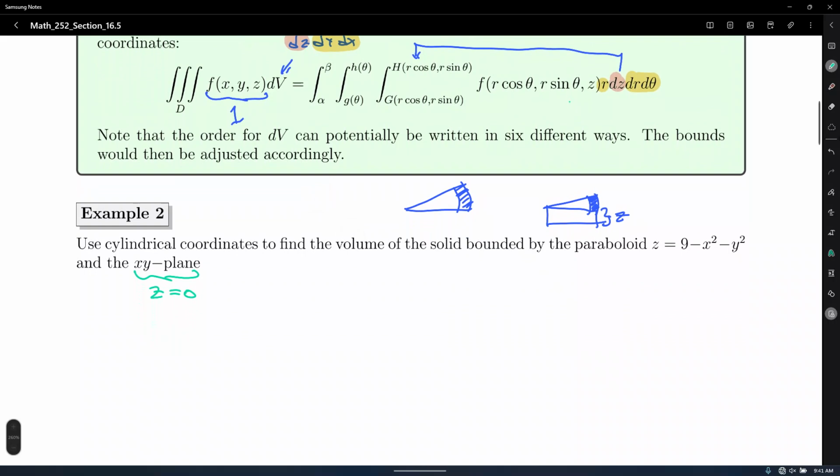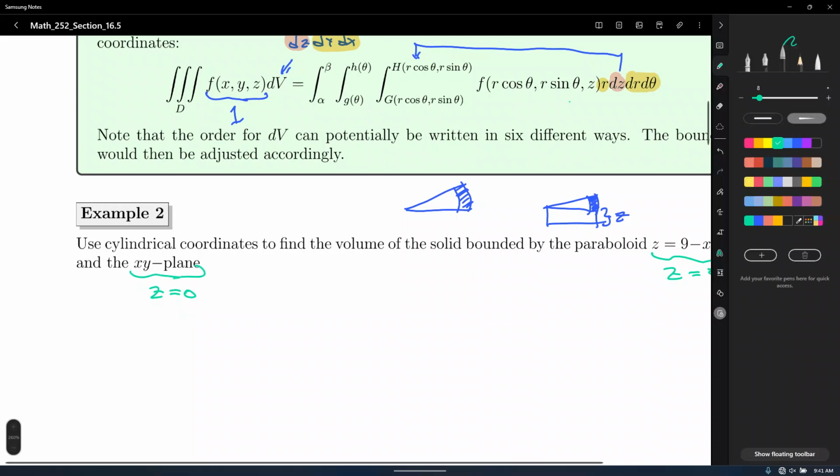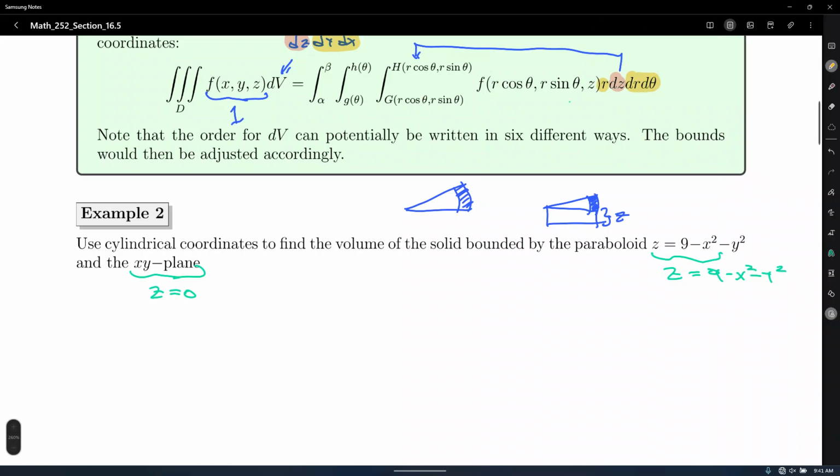So number one, again, if we set z equals 9 minus x squared minus y squared equal to 0, that is, we're finding the intersection between the two surfaces. And the intersection between the two surfaces will give us the projection onto the xy plane. That is, set z1 equal to z2. Let me label this as our z1 and our z2.